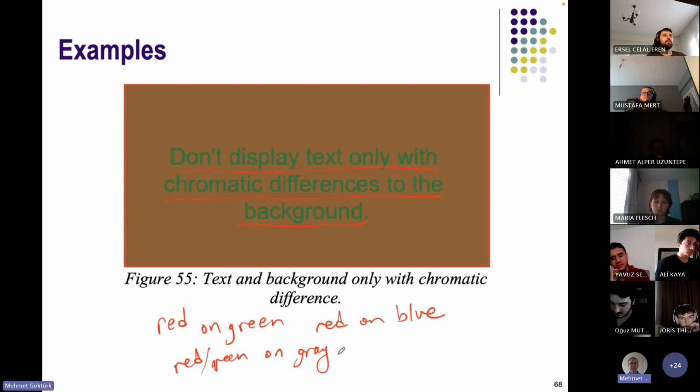The combination colors are available on websites.